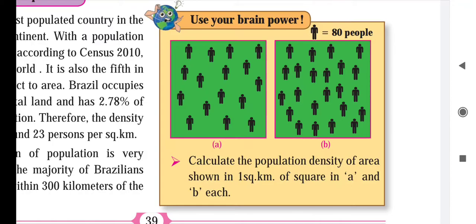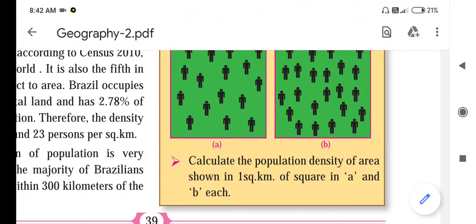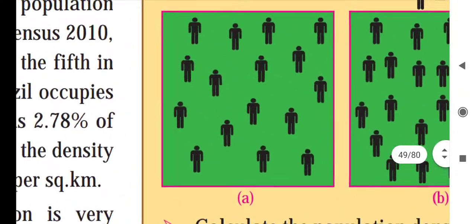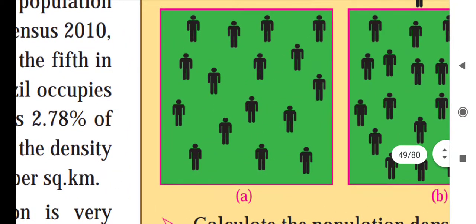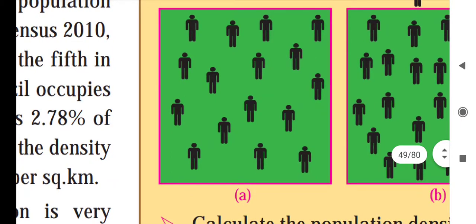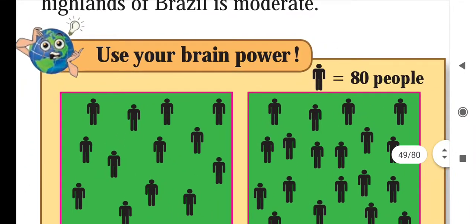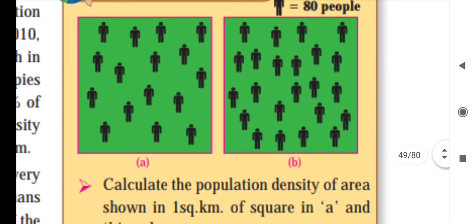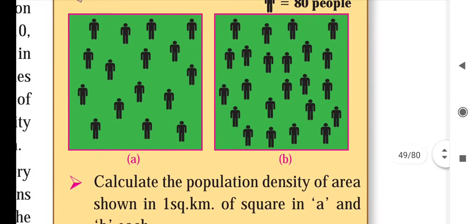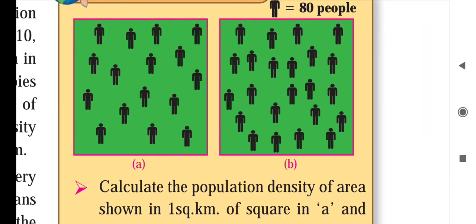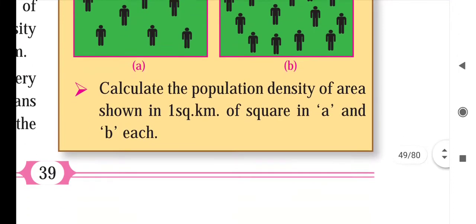Suppose one dot represents 80 people, so count here: 1 2 3 4 5 6 7 8 9 10 11 12 13 14 15 16. So in A, 16 into 80, what will be the population? Now calculate, and here also count and calculate, in which of A or B the population density will be more and in which it will be less. Do those calculations.